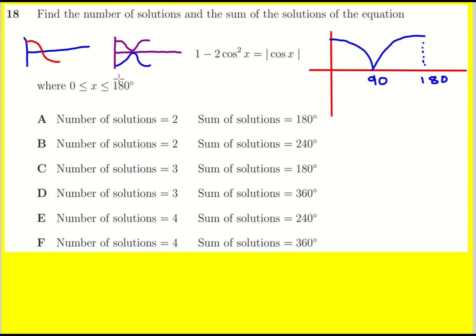And if I double it, it's going to stretch. And if I add one, it's then just going to be moved up. So I think I can now roughly draw what this would look like. It's going to hit -1, but then it's going to hit 1 here, then come back down to -1 here.